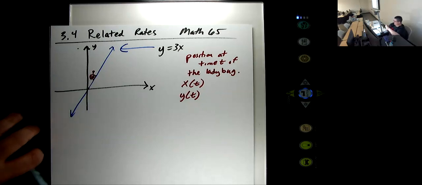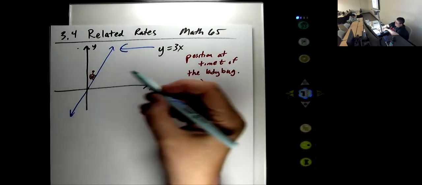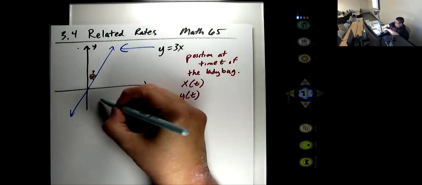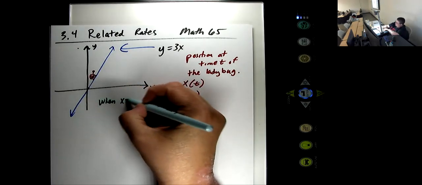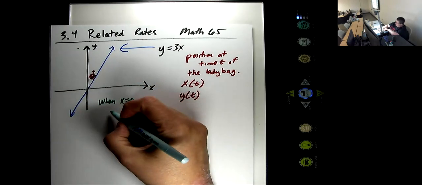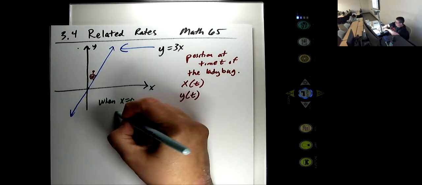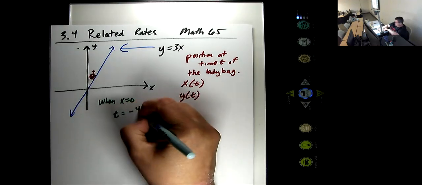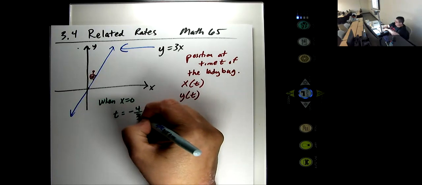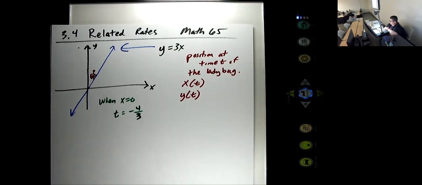So I'm going to say when x equals 0, just for an example, we're going to have t is -4/3. Seems like a weird thing to work with, but we're going to work with it.